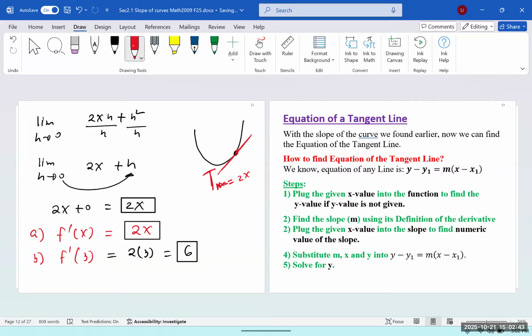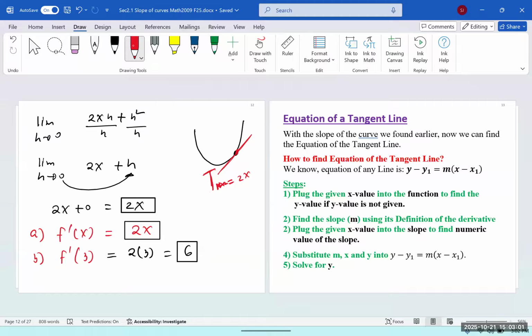To find the equation of the tangent line, we know the equation of any line is y minus y1 equals slope times x minus x1. That means all you have to do is find y1, x1, and the slope. They will always give you the x1.